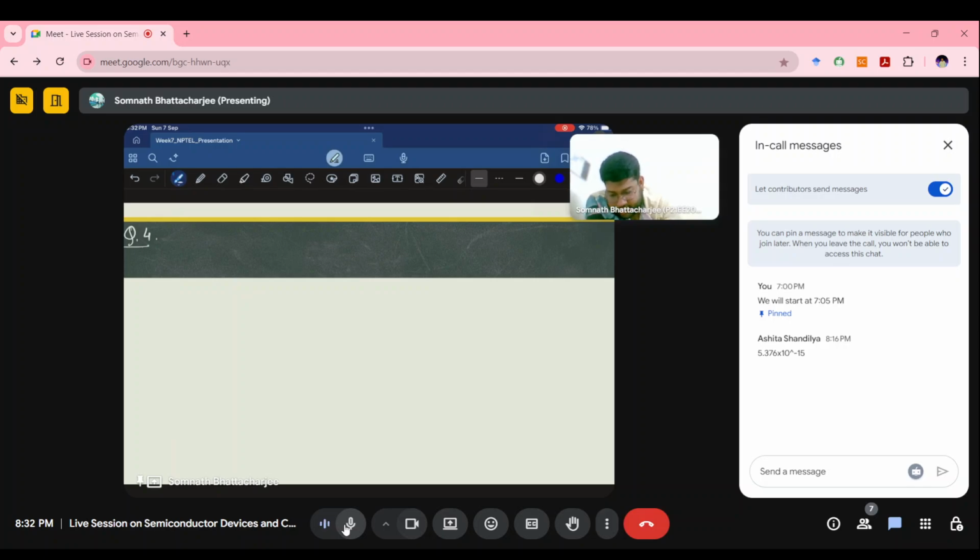So we'll have another kind of question. Which of the following is true? Let me write here. One, the base width must be larger than the minority carrier diffusion length.